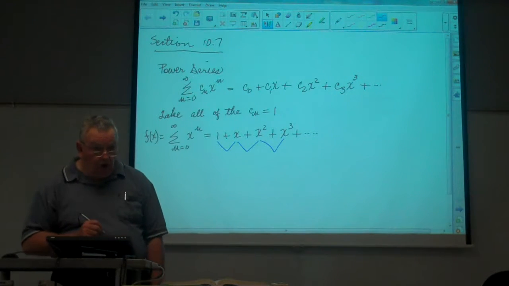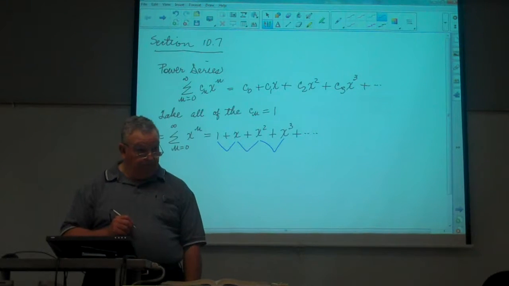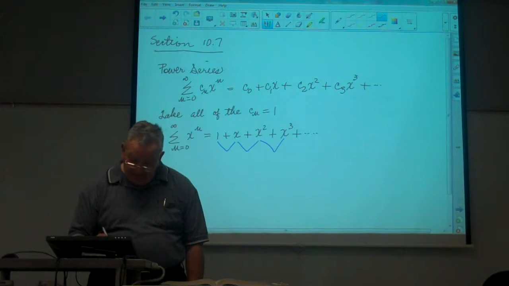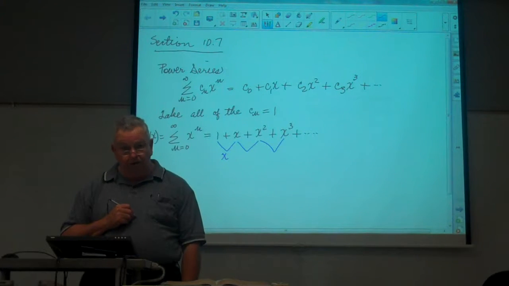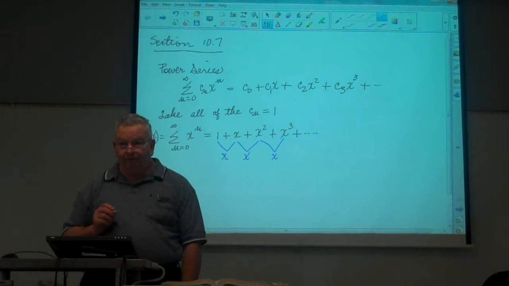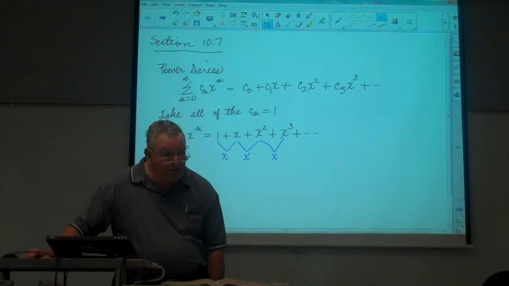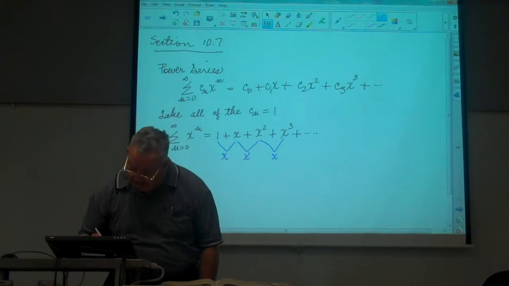You start with 1, and what do you multiply 1 by to get the second term? X. And what do you multiply the second term by to get the third term? X. And what do you multiply the third term by to get the fourth term? Do you see a pattern here? Is there a name for that series? Yes. It is indeed.